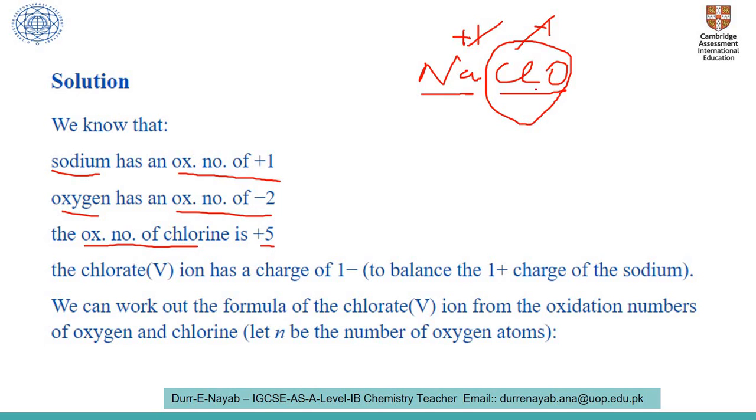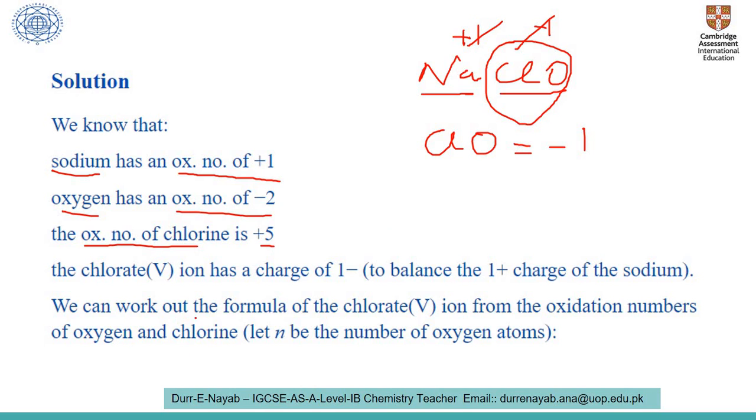So I will take this chlorate and calculate how many oxygens I have in this ion. ClOn has a charge of -1. You can see the chlorate(V) ion has a charge of -1, to balance the +1 charge of sodium, which I did already.